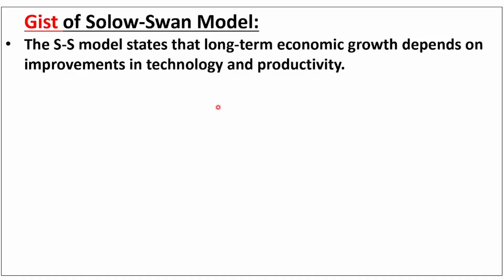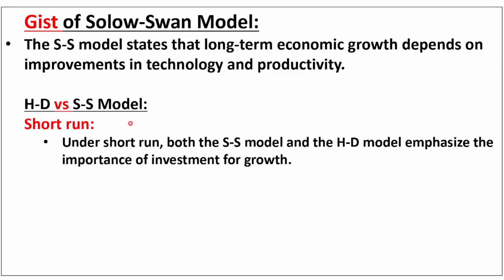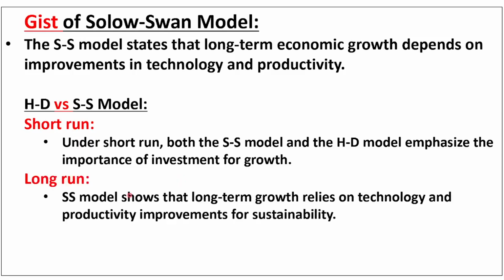So what about short run and long run? Under short run, both SS model and SD model emphasize the importance of investment for growth. That means for short run economic growth, investment and saving play an important role. They both agree, but under long run, SS model shows that long-term growth relies on technology and productivity improvements for sustainability.